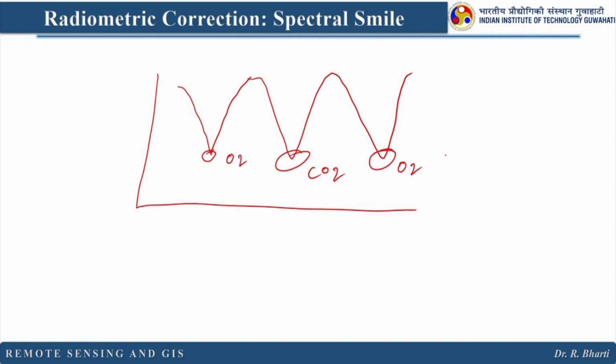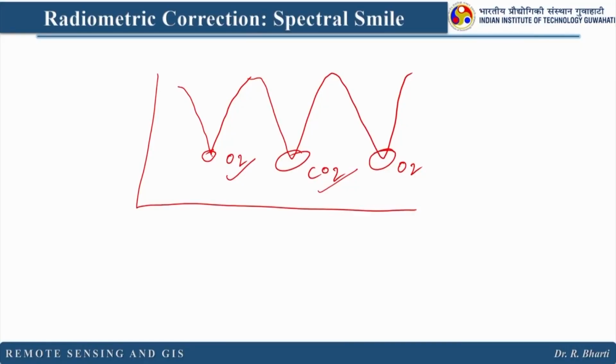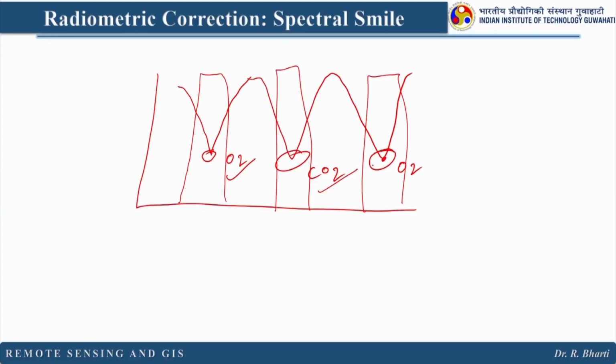So, these are the fixed wavelengths of oxygen and carbon dioxide, but here we are not going to use this in our study if you are going to use this image for any surface analysis, but for atmospheric people these are the data set. So, now here these absorb, suppose let us say that this was the band of your image, right. So, you will have this problem and you will correct this in atmospheric correction. But here these wavelengths are known.